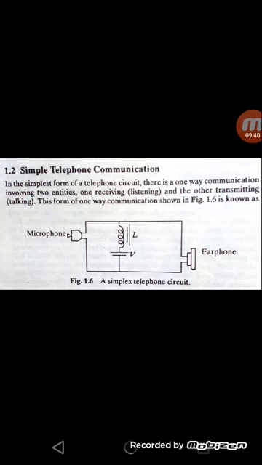When we change the behavior of the diaphragm, automatically the voltage levels are compressed or expanded. At that point the given information changes either from voice to electrical or electrical to voice. So this is the process of simple telecommunication.